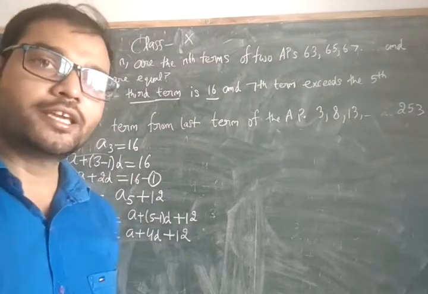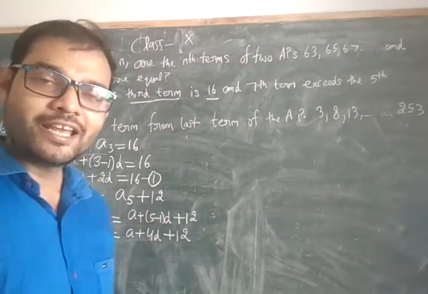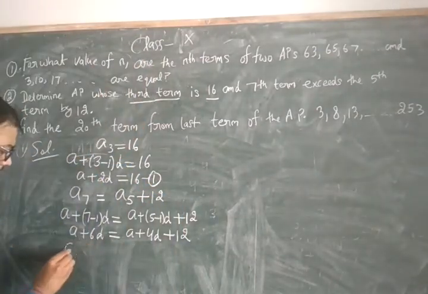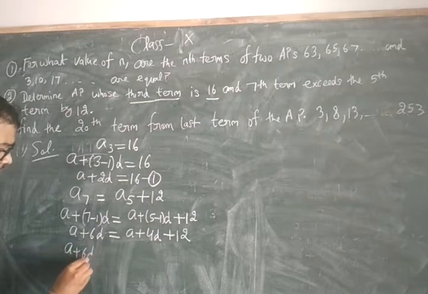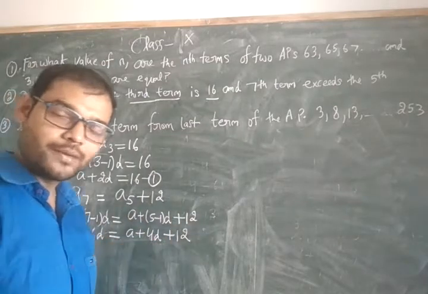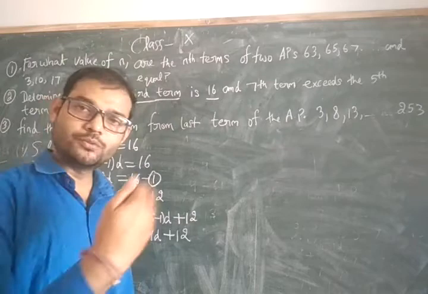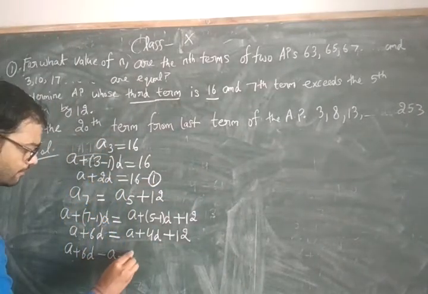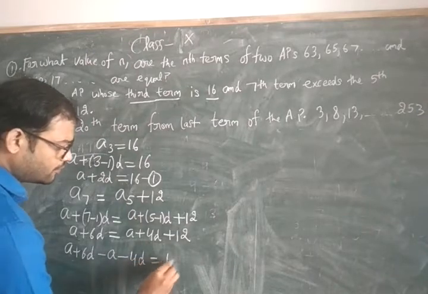Got it? Now take A on one side and D on the other side. So A and D both you will take on one side and constant terms on the other side. A plus 6D minus A minus 4D is equal to 12.